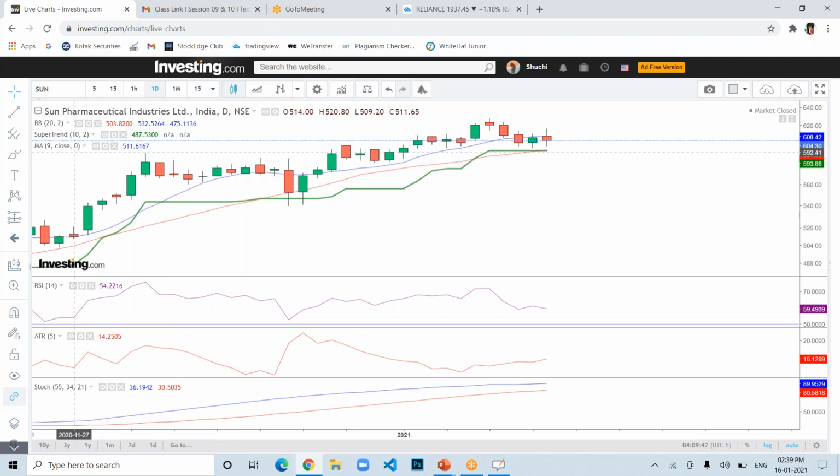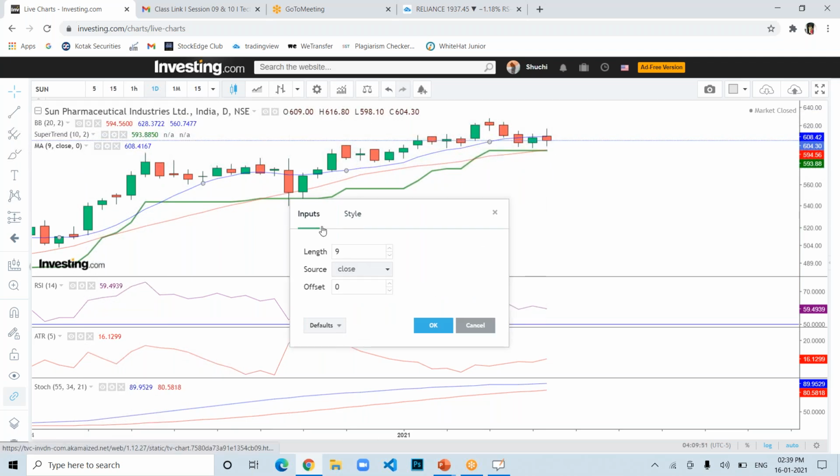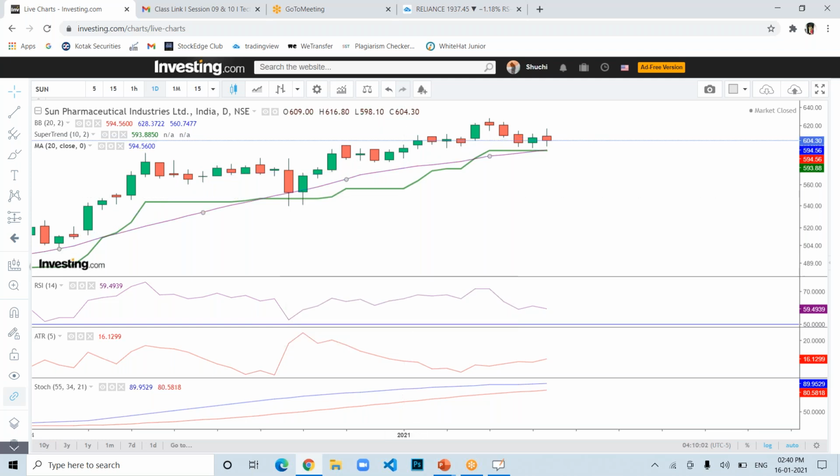So you can simply plot the 20 SMA, even that works well.